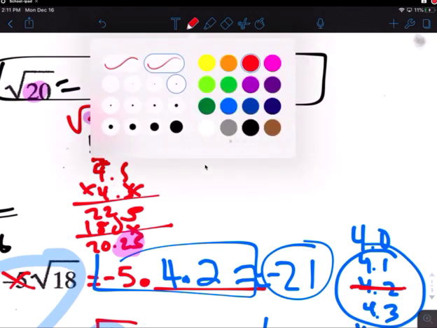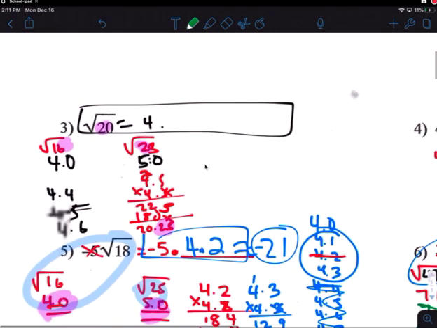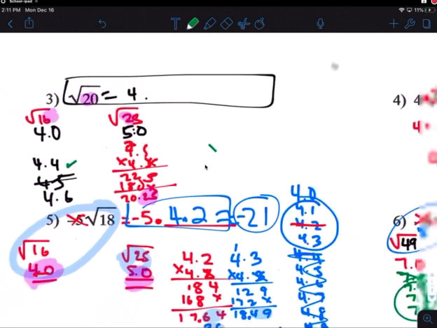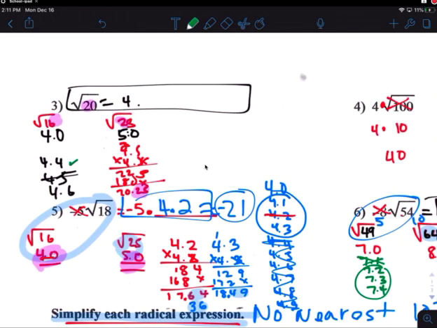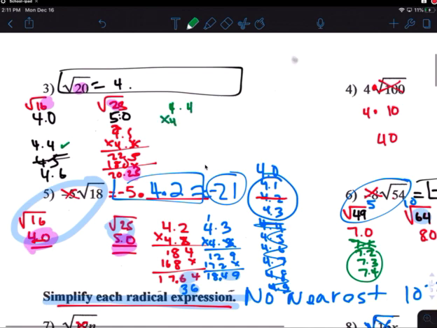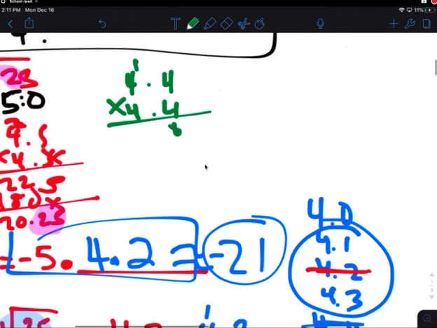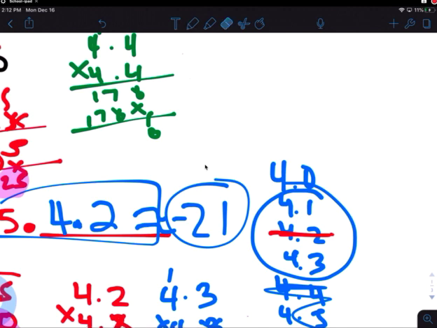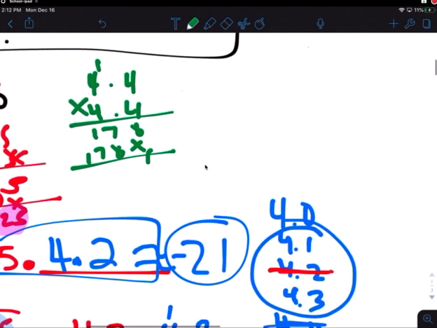Okay, we went over, so we need to pick one lower than 4.5. You pick 4.4. It's 13, carry the 1.